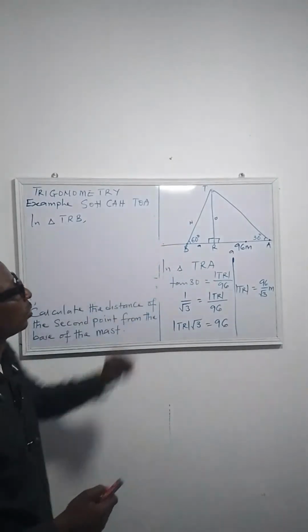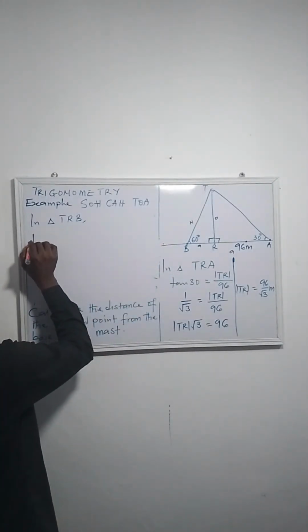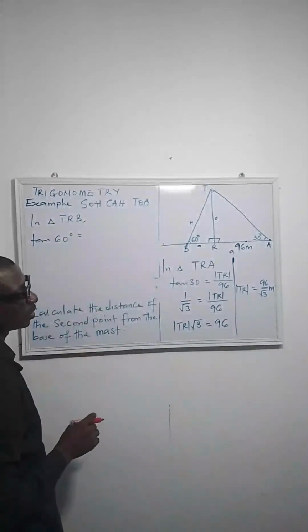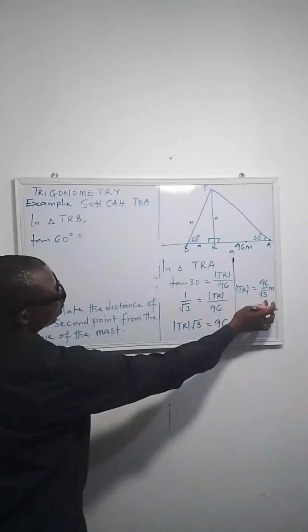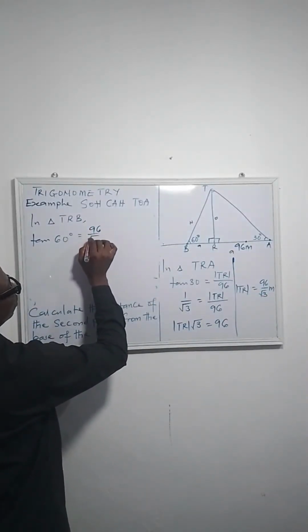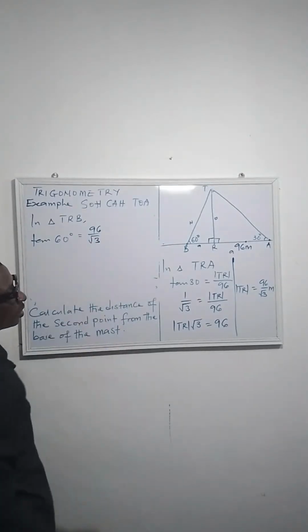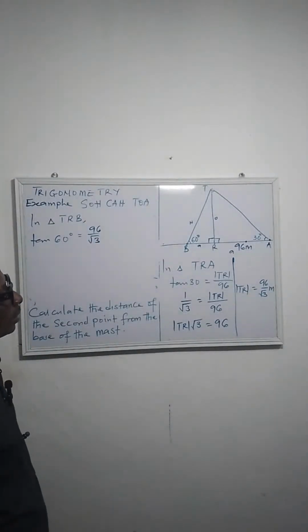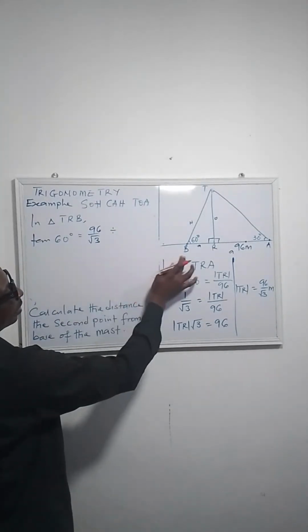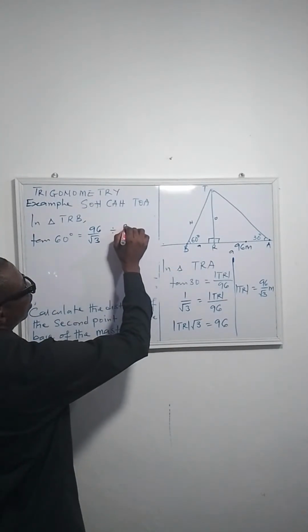So we have tan 60 degrees equals opposite, that's 96 over square root of 3, over adjacent. What is adjacent? We have divided by BR.